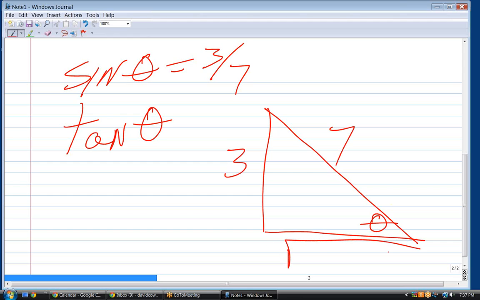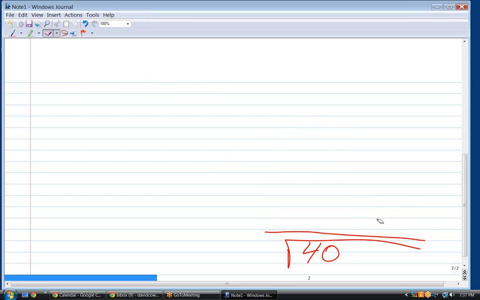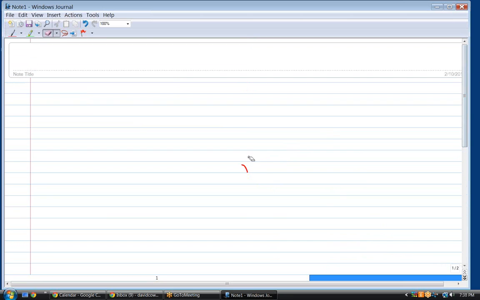That makes this side square root of 40. So tangent of theta would be 3 over square root of 40, and then you'd have to rationalize and simplify it. That's what these two problems are doing, only instead of numbers, they're giving you variables, so you just dimension your triangle with variables instead of numbers.